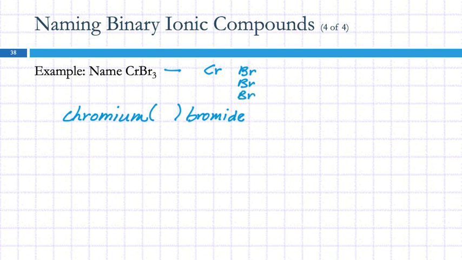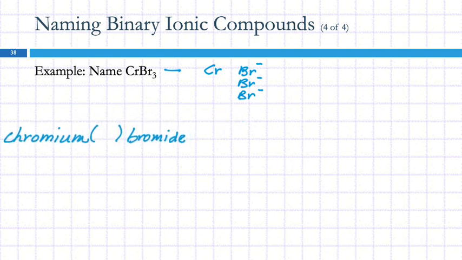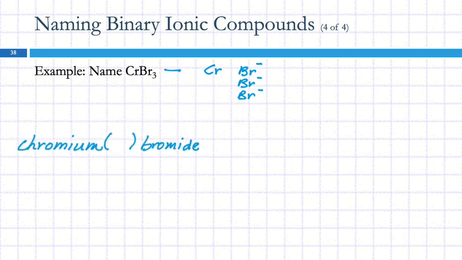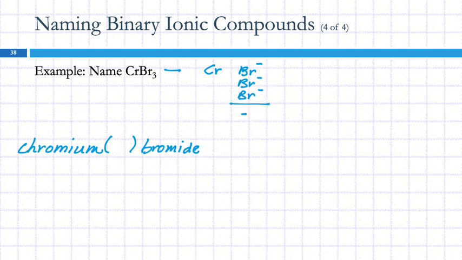Well, what's the charge on the bromide ion? -1. Negative, negative, negative. So the total there is -3.